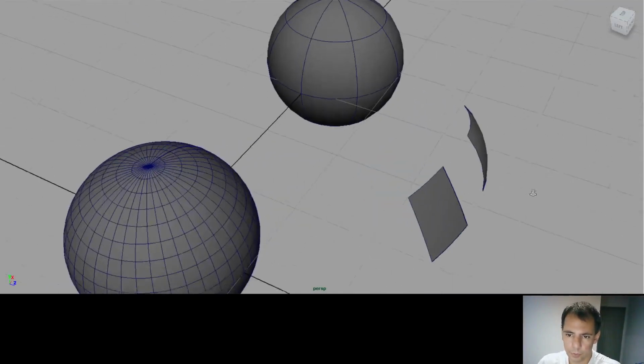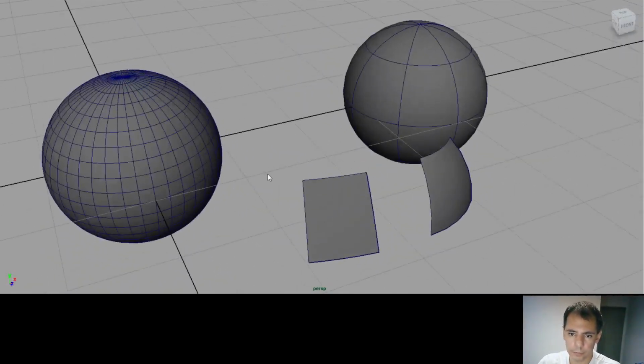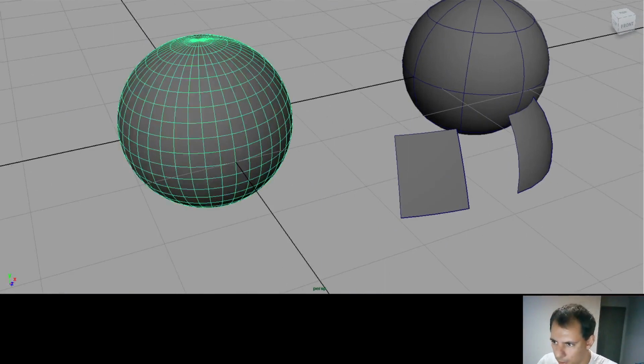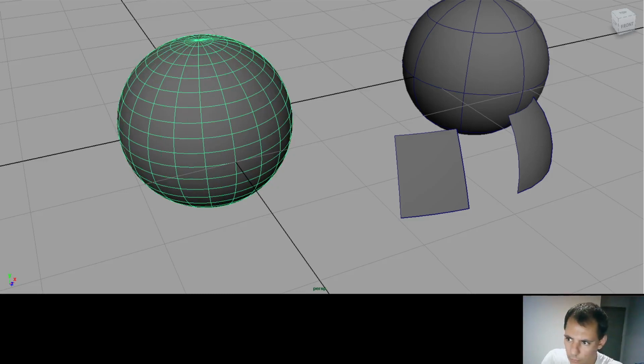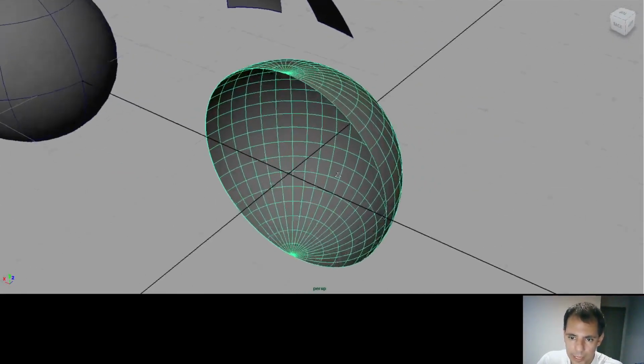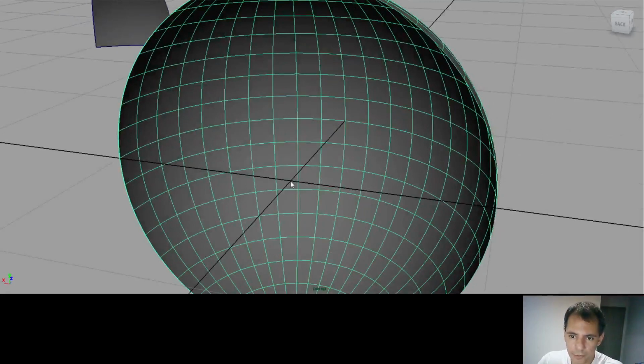Now, what am I going to do? What I'm going to do, the way of thinking about this now, pretend that you have a vector that's coming out of the center of the sphere. This vector can sweep two angles.